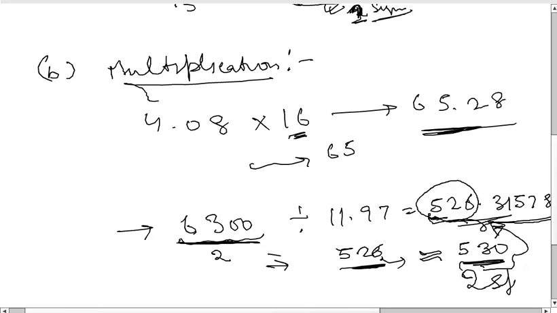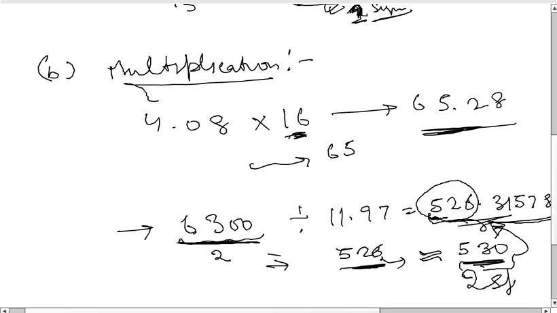Okay, I'll just explain quickly. We were talking about how we multiply and divide significant figures. For example, we took 4.08 into 16, and this comes out to be 65.28, but we will write it as only 65. Why? Because the least number of significant digits is 2, so we'll write 65 only.